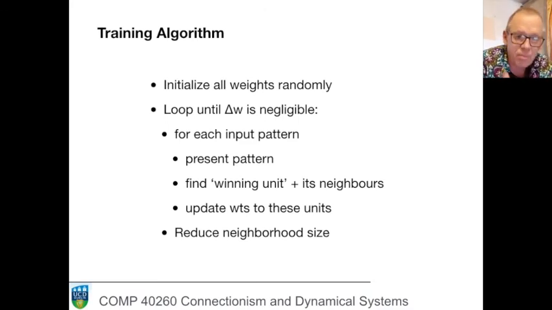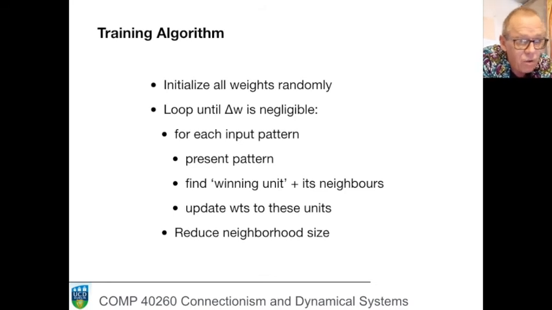So for each input pattern, we present the pattern at the input, and then we allow the grid of output units, each of them, to calculate their values. Now, there's no particular coherence to this at the start of the process. But one unit will, by chance, have a maximal activation when we compare all the units of the output.